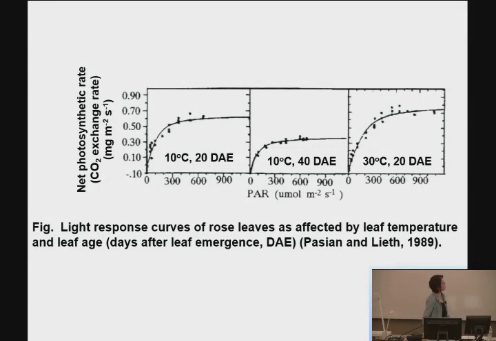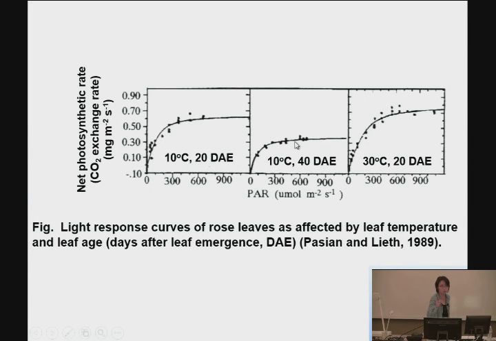So these three charts together show the light response curve, the net photosynthetic curve. This shows the plant's capacity for photosynthesis. This is roses, so woody plants. And it shows the decline of the maximum photosynthetic rate with aging. The more days after leaf emergence, the more the leaf's photosynthetic rate is reduced.